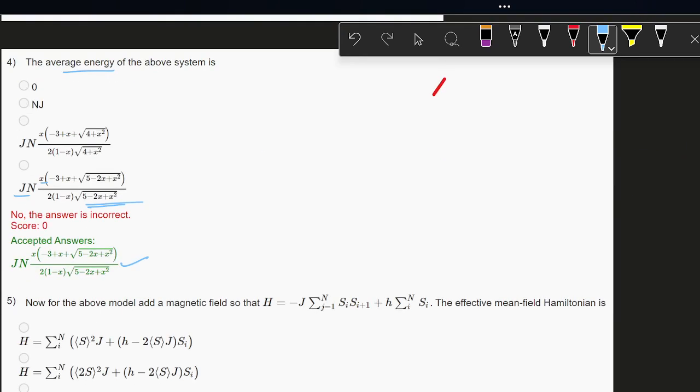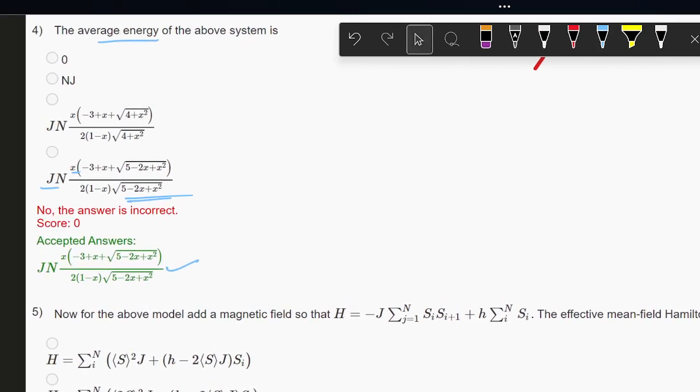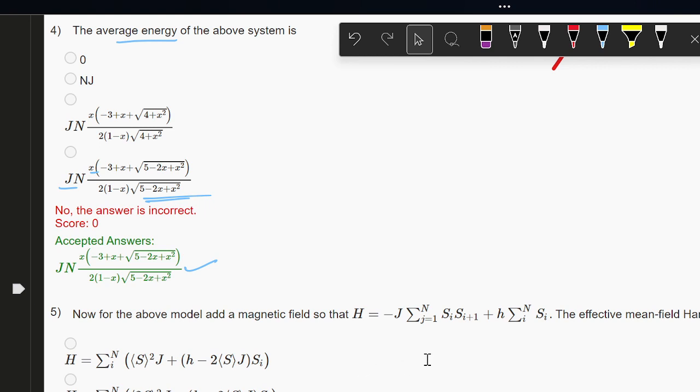So question number 5 is that now for the above model, that model we are dealing with up to this point, now add a magnetic field to that model so that your H equals, instead of only the interaction part that was present from before, now we have added a magnetic field which is plus h, and so based on that we have an extra term which is h sum over i s_i, and you have to calculate the effective mean field Hamiltonian.